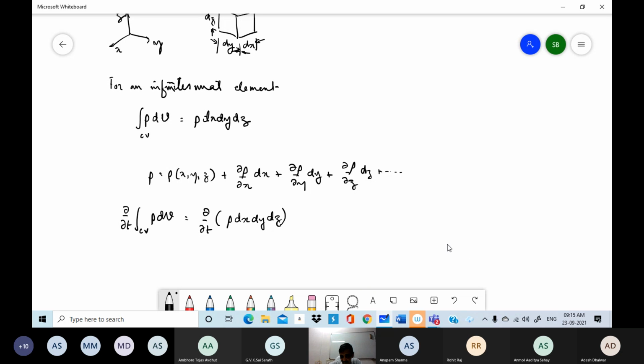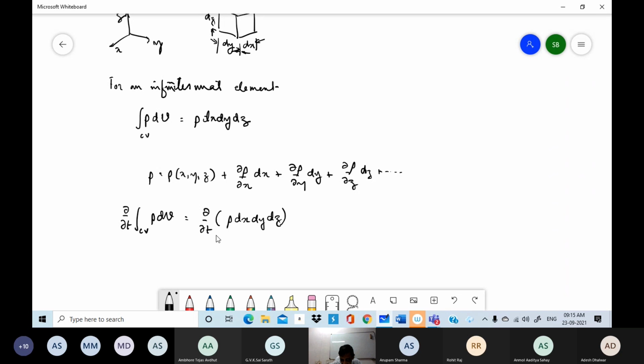Now in the Eulerian description, everything is specified as a function of position and time. So our independent variables are x, y, z and t if we use a Cartesian coordinate system. So therefore x, y, z are independent of t.